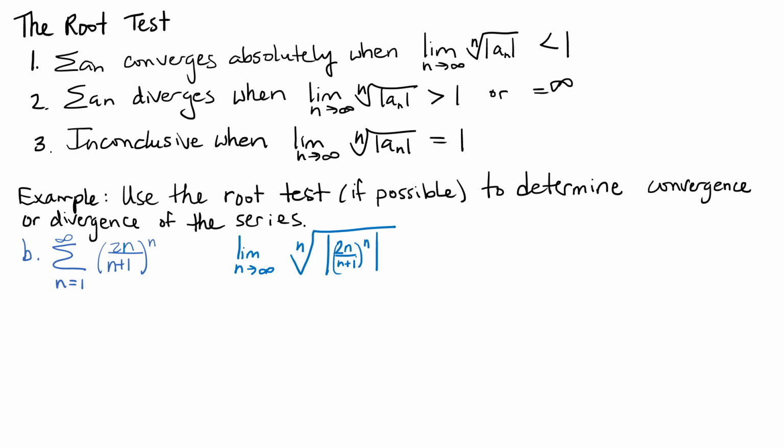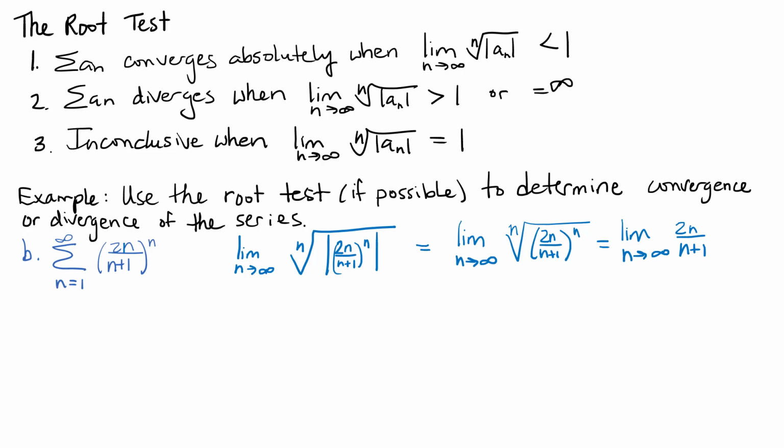Okay, now 2n, n's positive, so 2n over n plus 1 to the nth, that's all going to be positive. So we can drop the absolute value. So we have the limit as n goes to infinity of the nth root of 2n over n plus 1 to the nth power. The power and the root cancel out, so we have the limit as n goes to infinity of 2n over n plus 1. Here we have a rational expression.